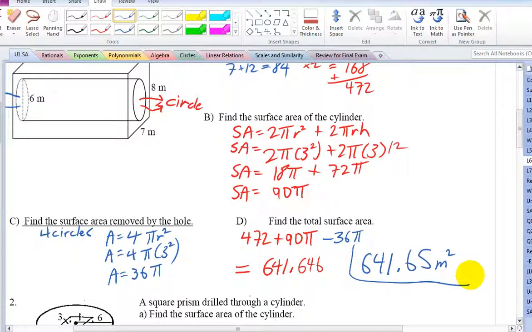Okay, so round to 2 decimals, round to the nearest hundredth, 641.65.